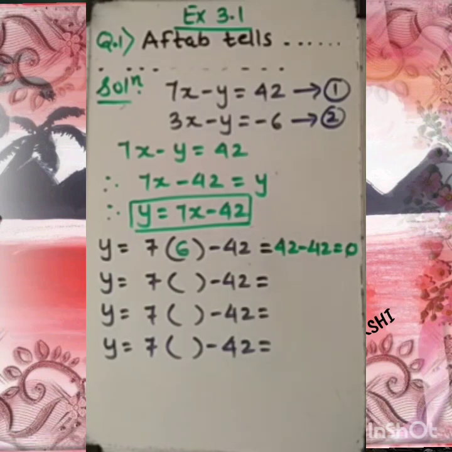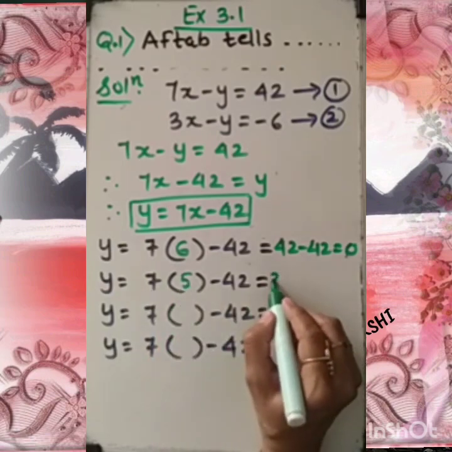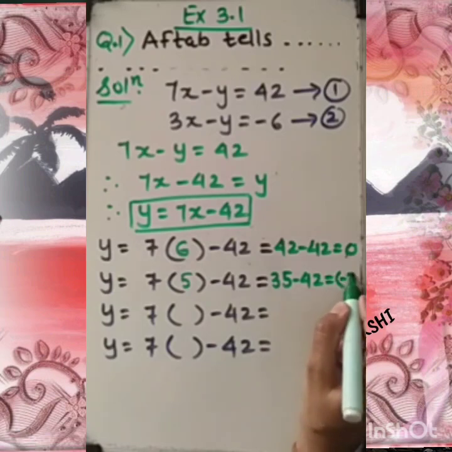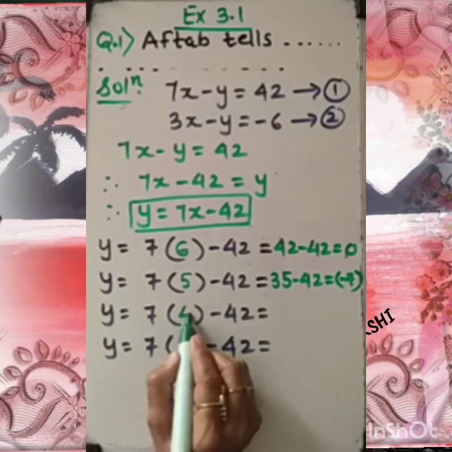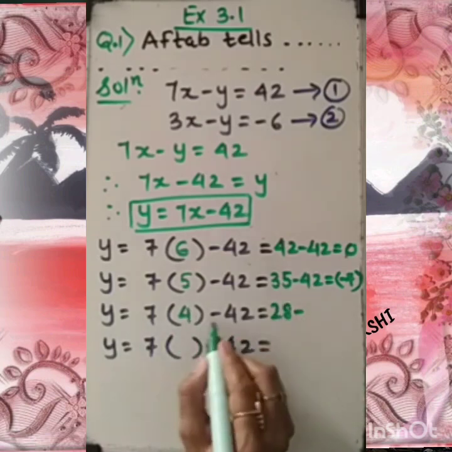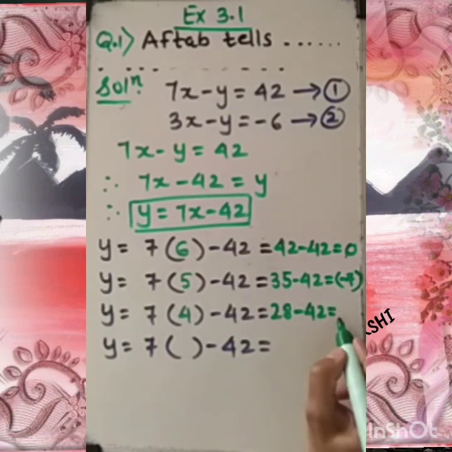Now in the next case, let's try to take 5. 7 fives are 35, minus 42 gives the result minus 7. Fine. Next, if I choose 4, 7 fours are 28, minus 42. 28 minus 42 gives the result minus 14.